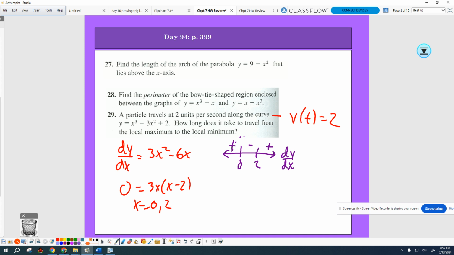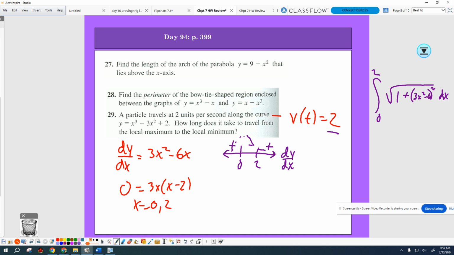So from local maximum to the local minimum, what is the distance traveled from time 0 to 2? The integral of the square root of 1 plus (dy/dx) squared, so (3x squared minus 6x) squared dx. And then that length times 2, because the velocity was 2 units per second.